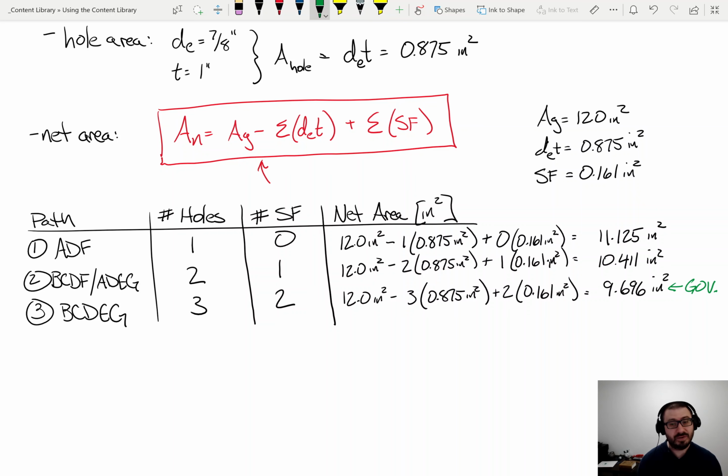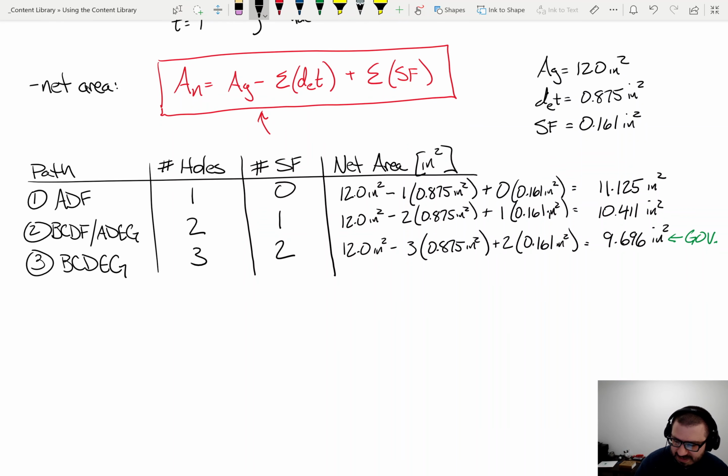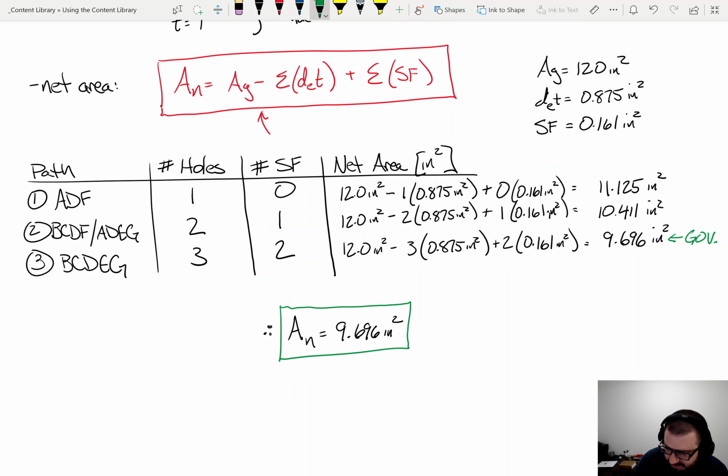The highest value governed on the load side, just as on the capacity side, the lowest value governs. So what is the answer? The answer is that therefore the net area is 9.696 square inches. That is the answer.